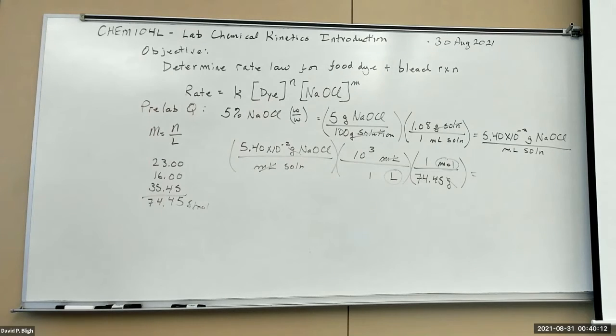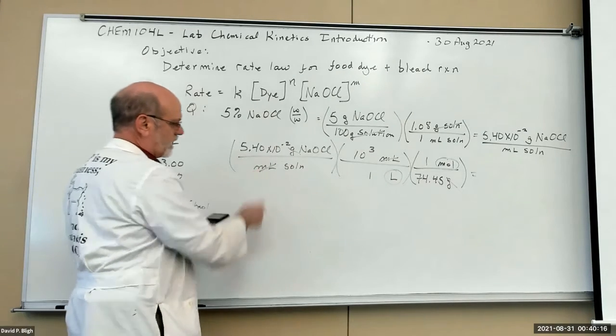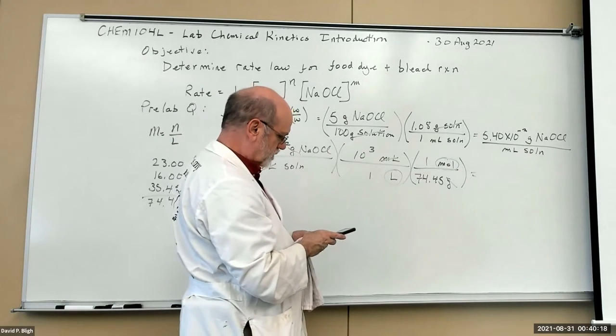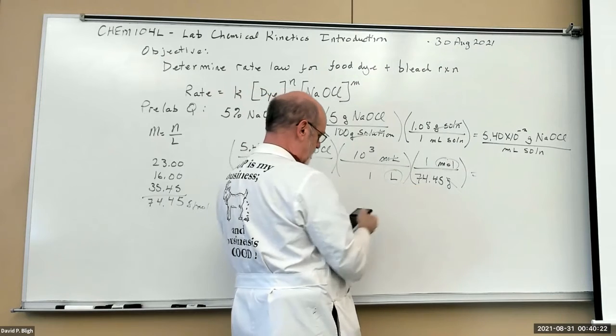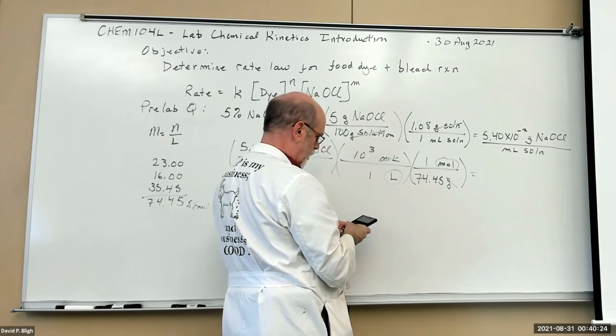All right, so let's get our calculator out. I've already got this number in my calculator, so I'm going to multiply it by 1,000 right here and divide it by 74.45.